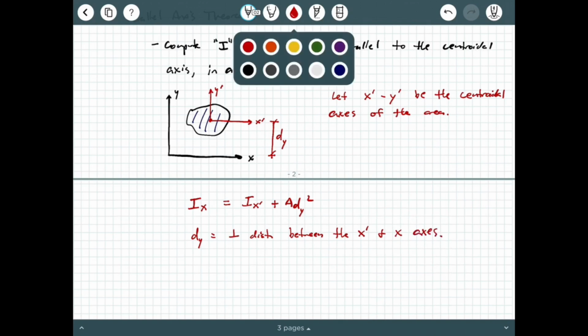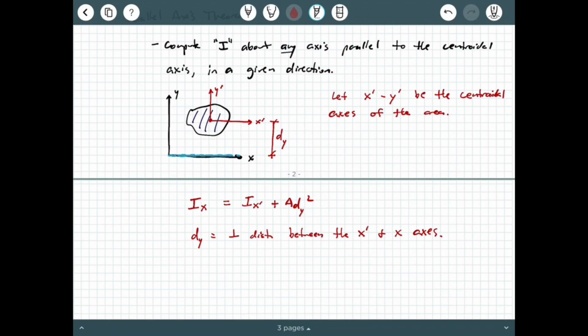So d sub y is the perpendicular distance between the x prime and x axes. And again, when I say x axis right here, that's any horizontal axis, which of course is parallel to my centroidal x prime axis. And in a similar way, I can say the following. I can say the moment of inertia about any vertical axis, any y-axis, and that could even be over here somewhere, okay? Any vertical y-axis: I sub y is equal to the moment of inertia about the centroidal y-axis, which I call my y prime axis, plus A times d sub x squared.